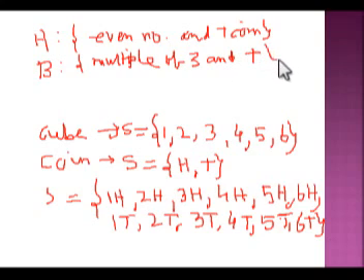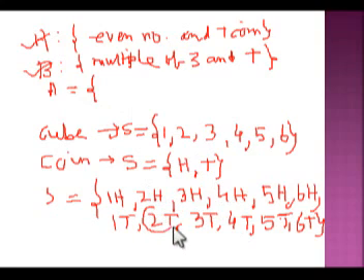The two incidents are A and B. Then what will be their outcomes expressed in sets? A will be an even number and tail. So even number this is and tail this is.